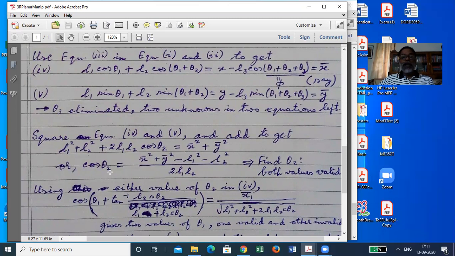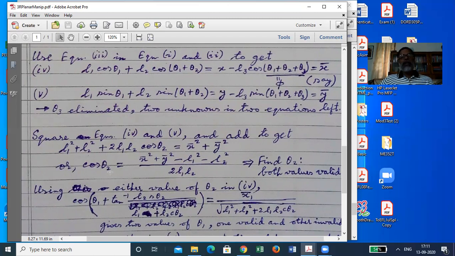That is very straightforward. Now I said find theta 2. But suppose this thing turns out to be larger than 1 or smaller than minus 1. Then what theta 2 will you find? That means for this particular x, y, phi solution does not exist. Which is quite possible. For nonlinear equations, solution sometimes does not exist. What can you do?